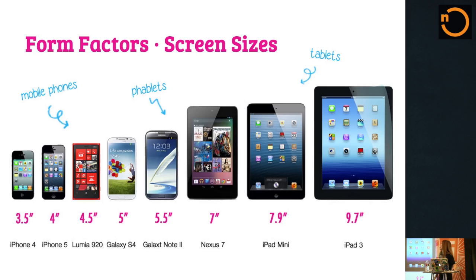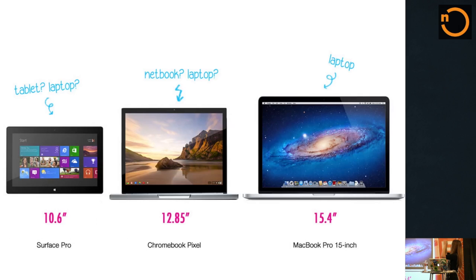There are so many form factors these days. Currently, the market is almost saturated with mobile devices, just so many things here. We've got phones, and phablets, and tablets. I don't like the name phablet, but anyway, phablet, tablet, and something in between. That's a fuzzy zone. Tablet, laptop, I'm not sure.